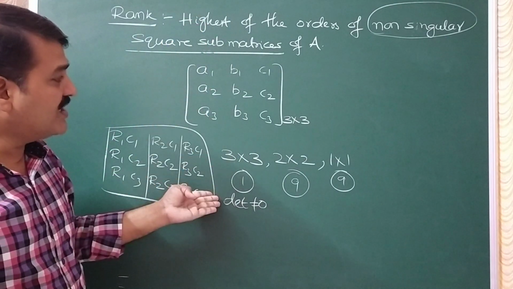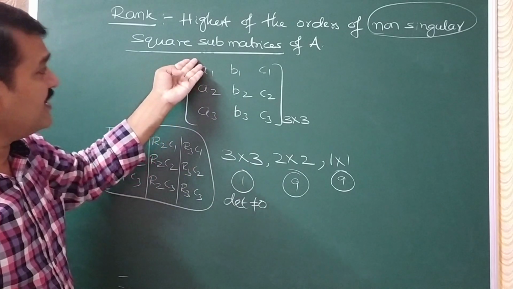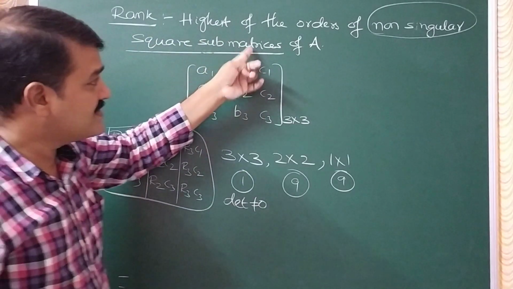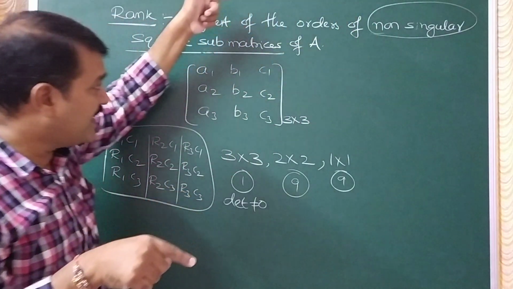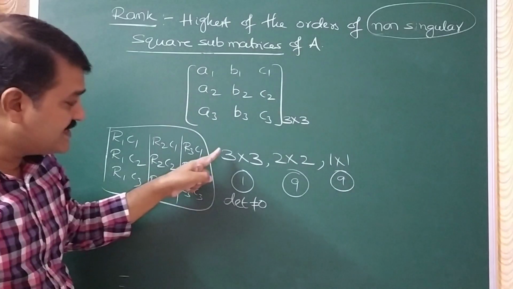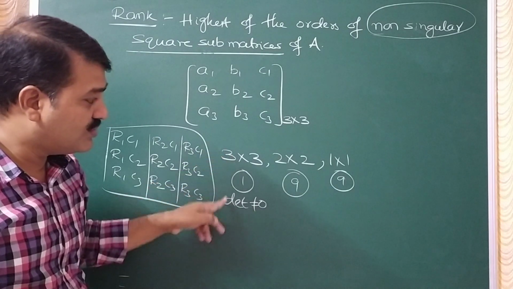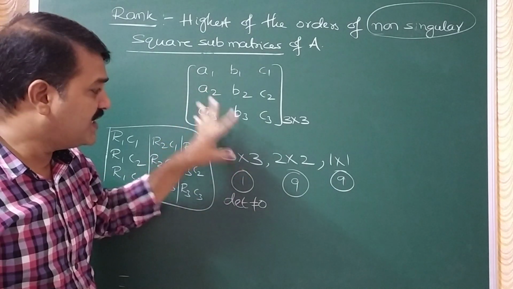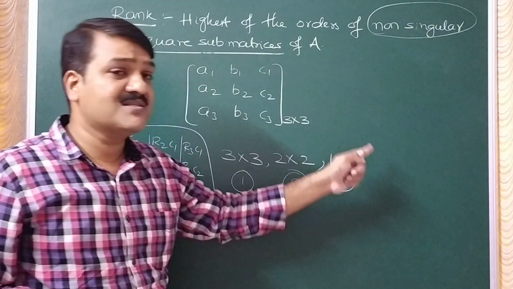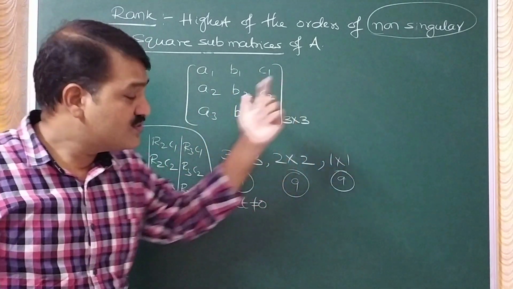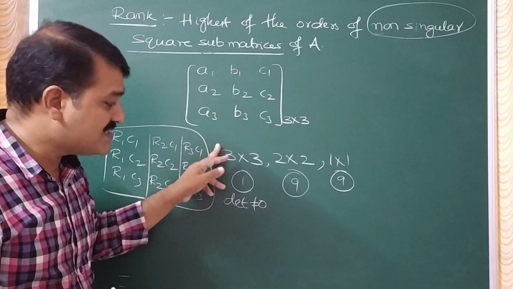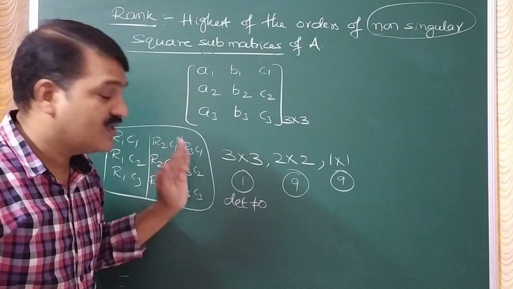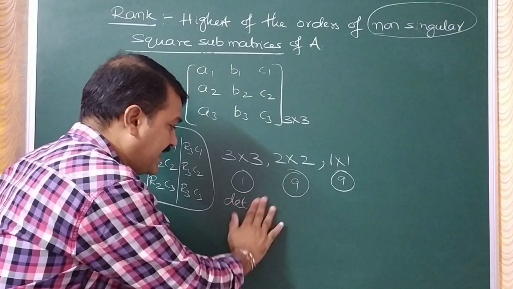Among the non-singular square submatrices, the highest order is the rank. So if this determinant is not equal to 0, it is going to be the highest order among all these square submatrices, and therefore the rank becomes 3. Okay, so what happens if the determinant becomes 0?